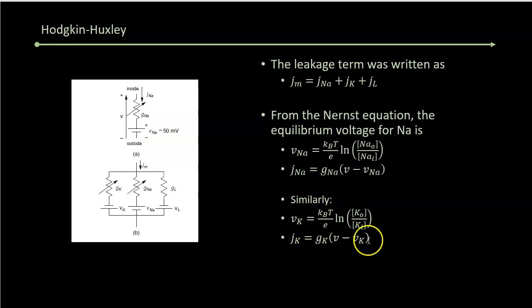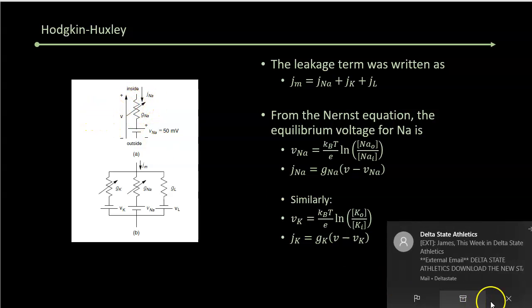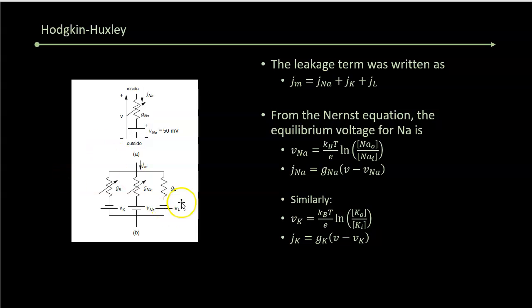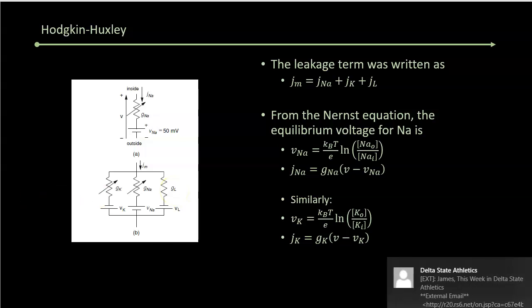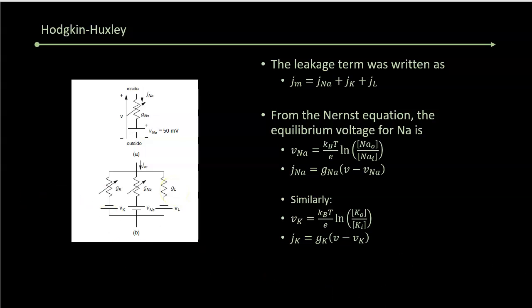This tells you a good bit about how both sodium and potassium are flowing through the membrane. These symbols indicate a variable gate of some sort and not just a standard resistance. And the leakage current over here is just miscellaneous stuff that has nothing to do with the conduction of the nerve.